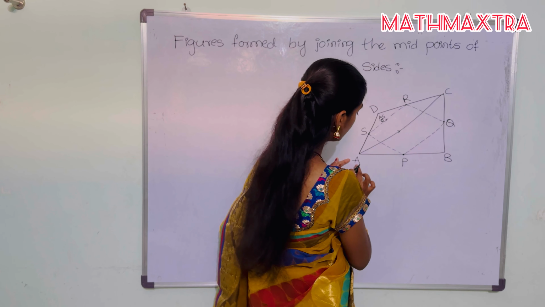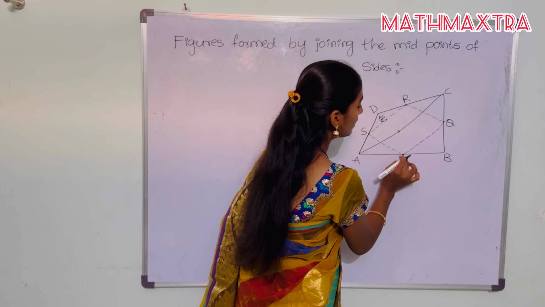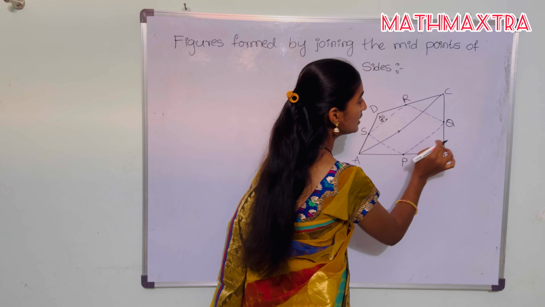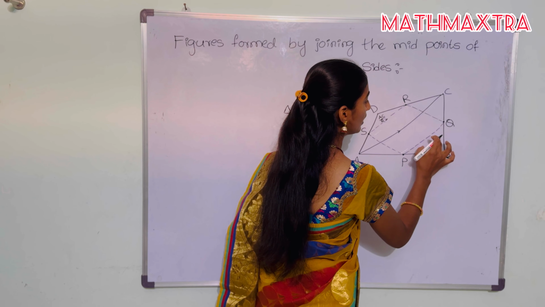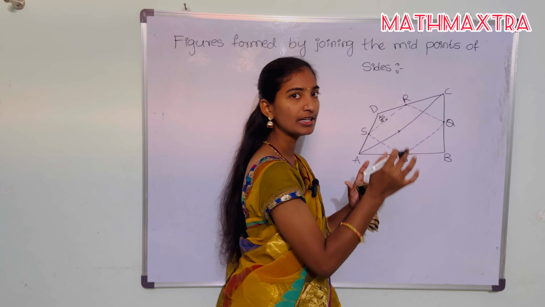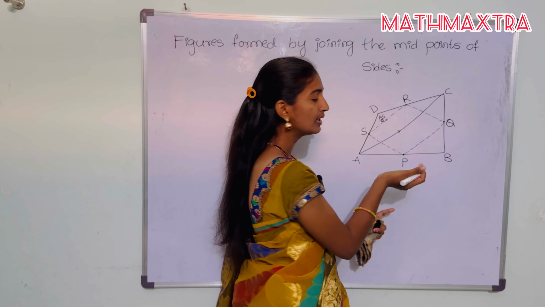Similarly, if you consider triangle ABC, what happens? Again, we are joining the midpoints of these two sides in this triangle ABC, and this line segment PQ is automatically parallel to the third side and exactly half of it, isn't it?